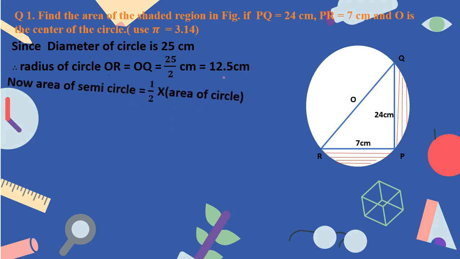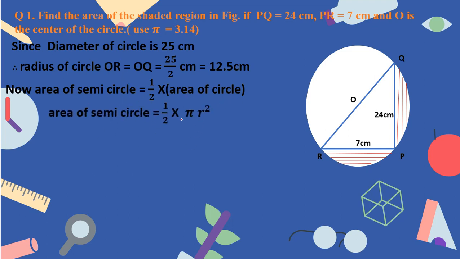Now easily we can find out the area of the semicircle, that is equals to half into area of circle, and half into pi r square, or we can say 1 by 2 into 3.14 into 12.5 square. So this can be written as 1 by 2 into 3.14 into 12.5 into 12.5. 12.5 we can cancel out this by 2, 6 are 12, 2 2s are 4 and 2 5s are 10.